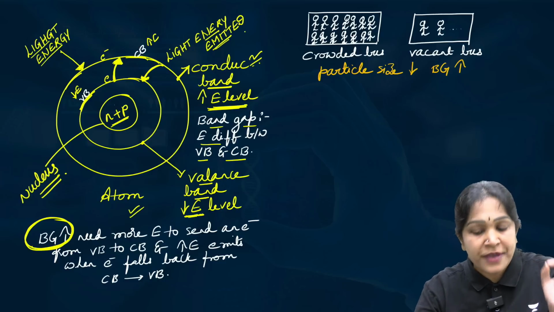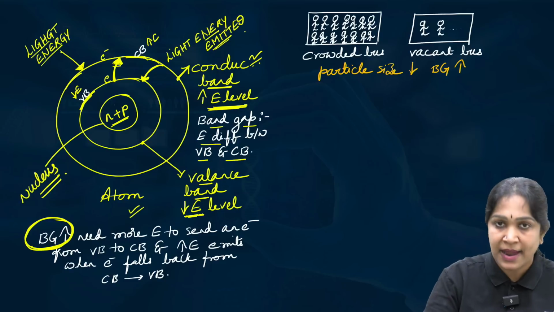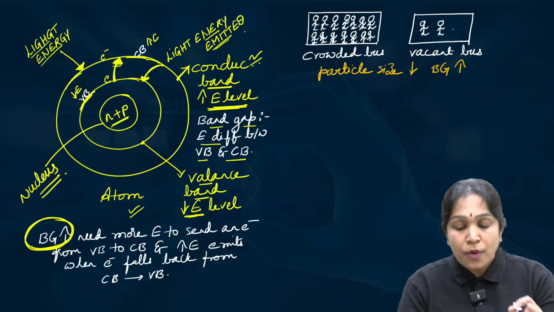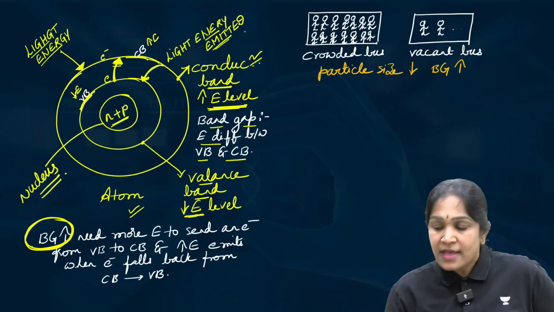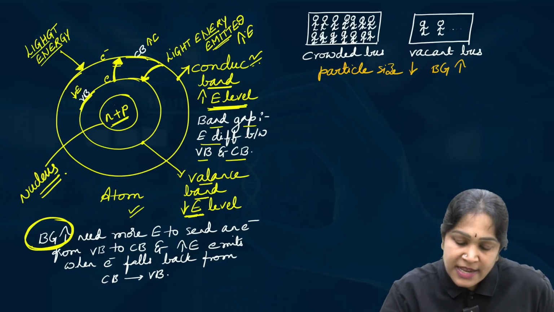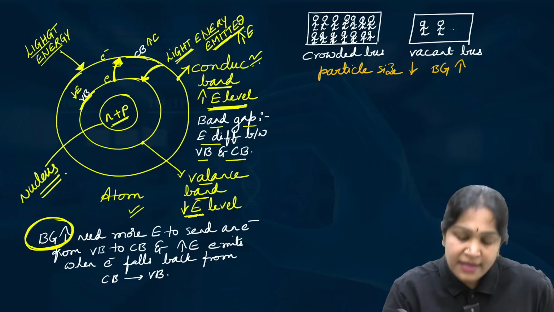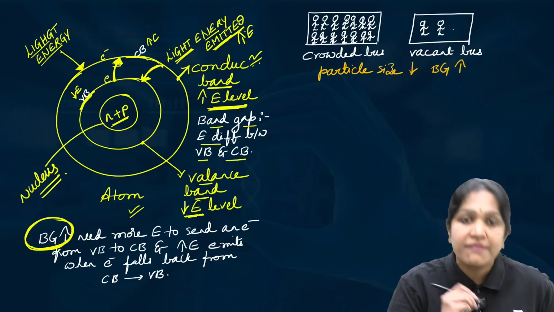Or, a high energy light will be emitted when the electron falls back from the conduction band to the valence band.